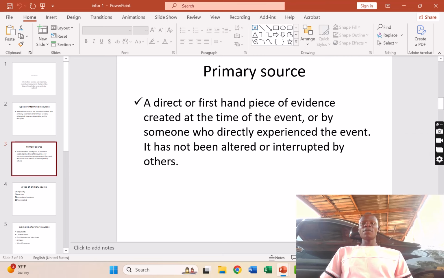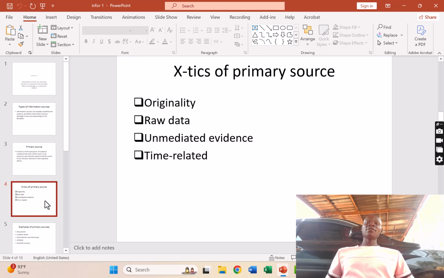It has not been altered or interpreted by others. So this one is like someone had an accident. You are there, you have seen what has happened at the scene. That is what we call the primary source. That's the first-hand information that you always get as someone who has seen the scene that happened at the spot. So you also have the characteristics of primary sources.